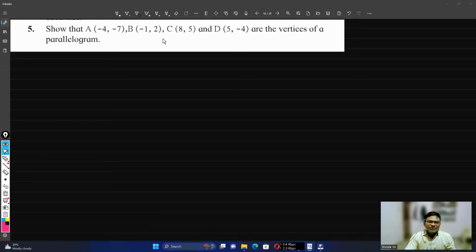So we must recall the definition of a parallelogram: if both pairs of opposite sides are parallel, then the quadrilateral is a parallelogram. Using the slope formula, we have to prove that the slopes of opposite sides are equal. Then the opposite sides will be parallel, and that satisfies the definition of a parallelogram.